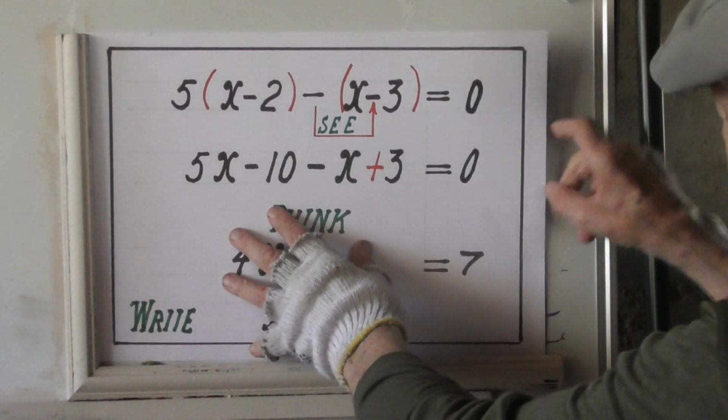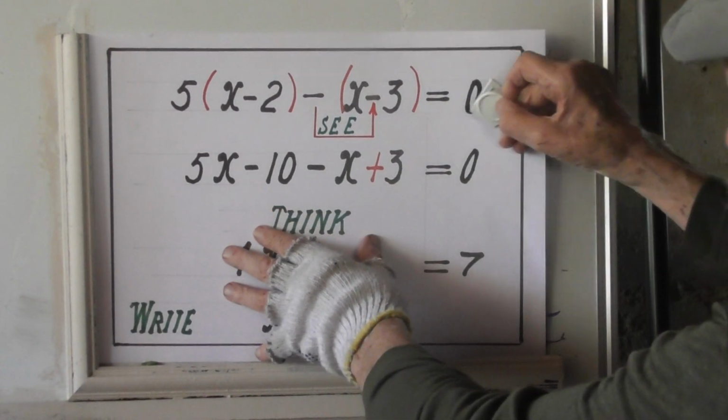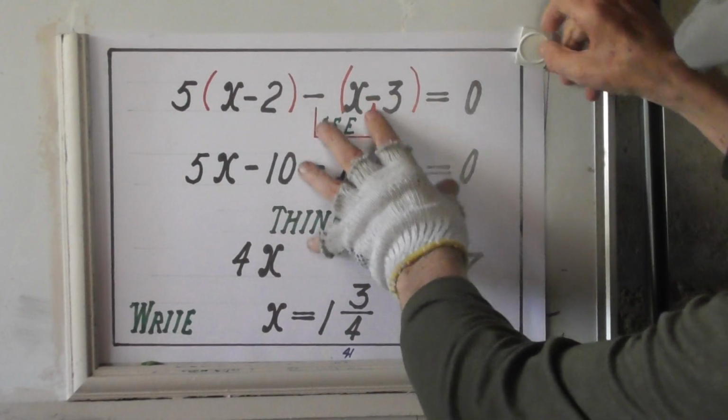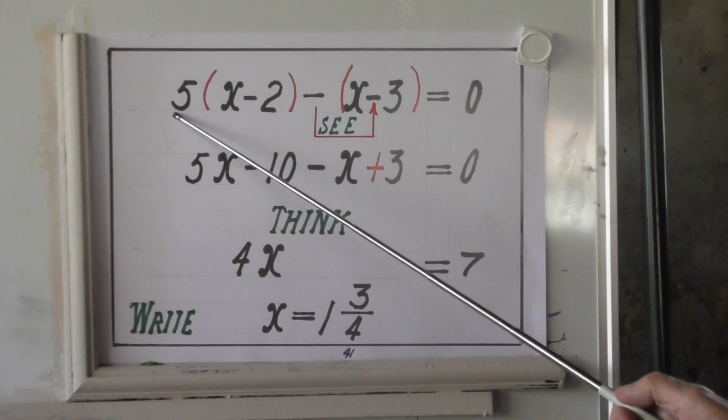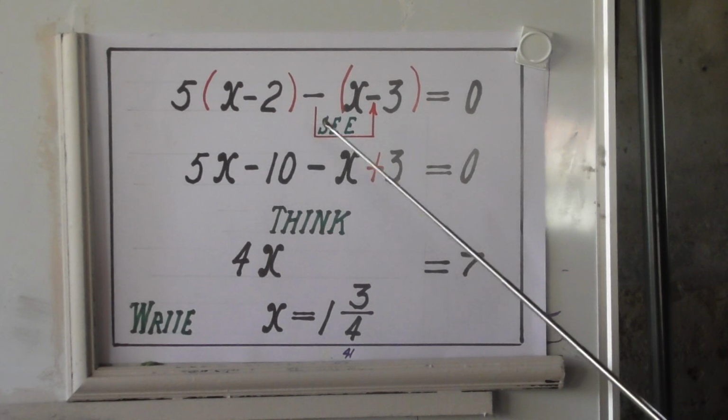Equations again. So we have to work this out. 5 times this, negative x negative 3. One of the biggest mistakes in HSC is, although they'll learn 2 negatives make a positive, nah.